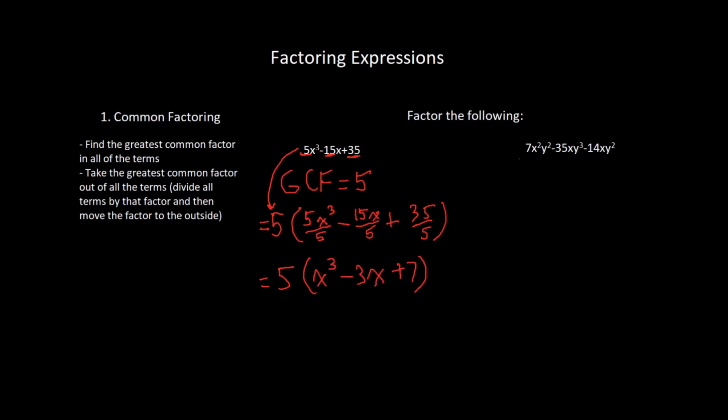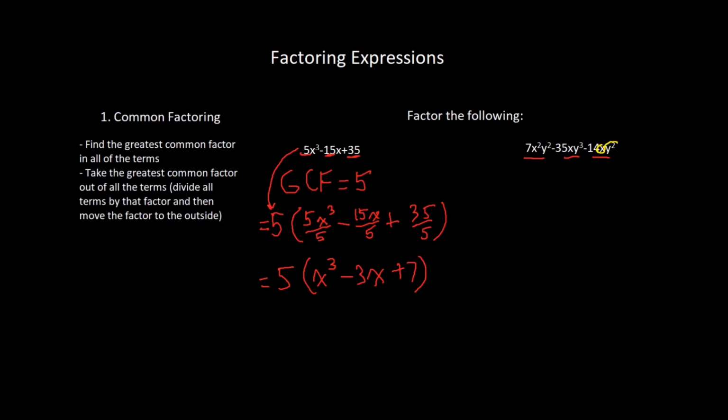Now let's try another example. This one's a bit harder. 7x squared y squared minus 35xy cubed minus 14xy squared. The common factor can contain variables as well. To find the common variable factors, we have to find the greatest amount of each variable they share.